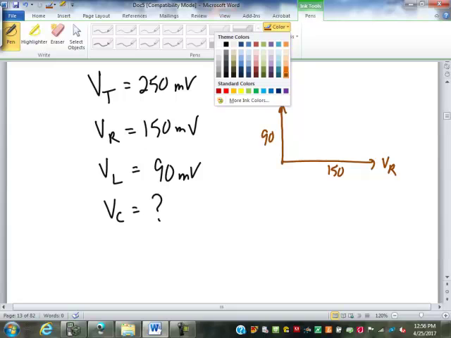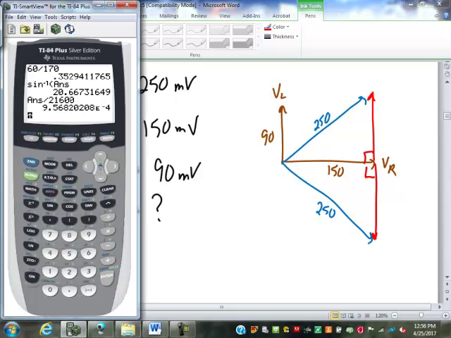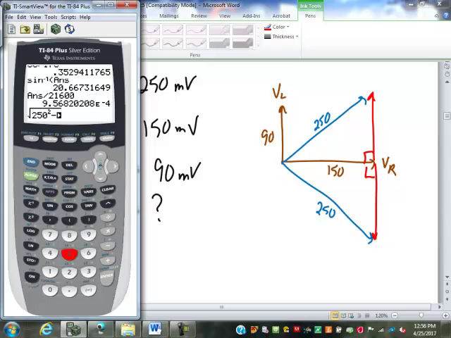If the total here is 250, there are two possibilities, here and here. Either this is 250, or this is 250. What would this length have to be in either state? Well, this would be a right angle. The square root of 250 squared minus 150 squared is 200.